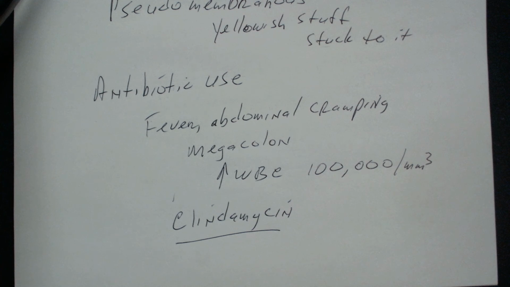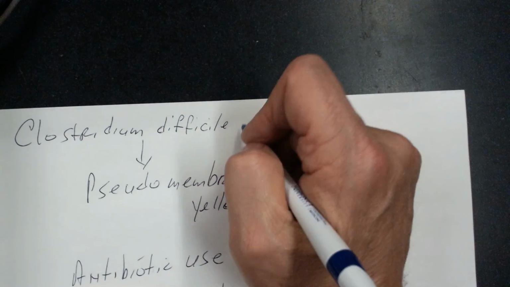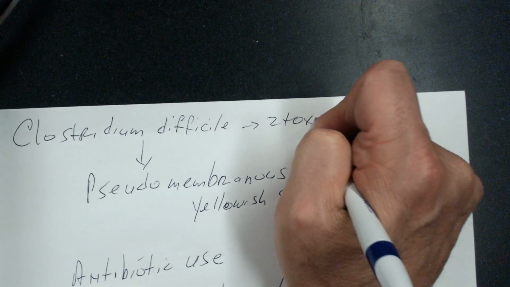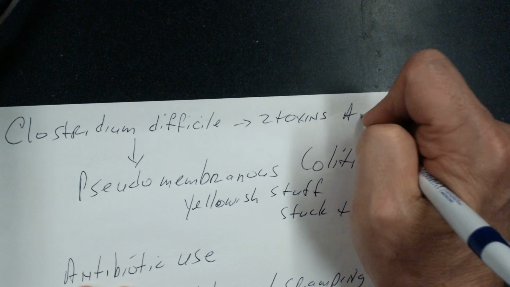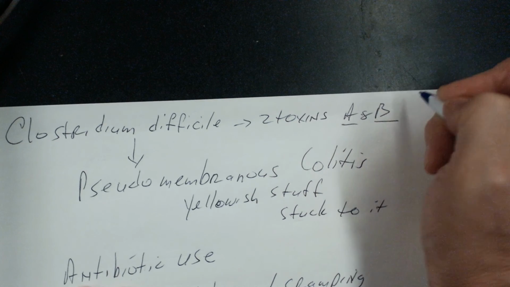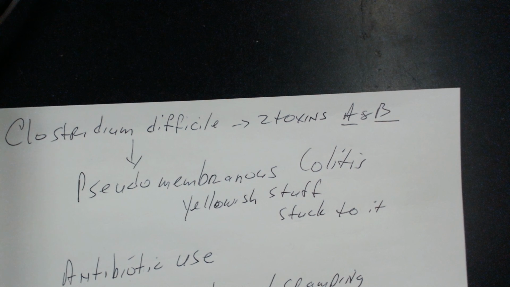So penicillins, fluoroquinolones, cephalosporins are all associated with Clostridium difficile infections, but clindamycin is probably the biggest offender, shall we say. So the organism makes two toxins, and they're called toxin A and toxin B.